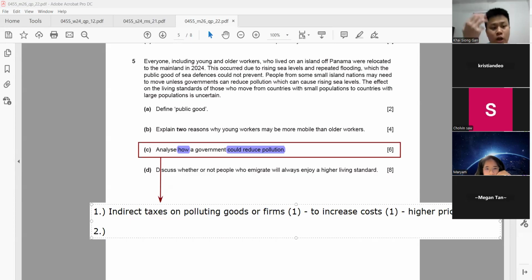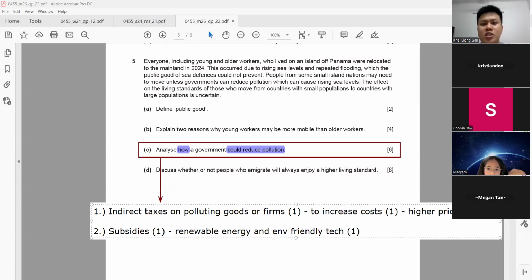Let's say now you want to talk about subsidies. What kind of things can the government subsidize to reduce pollution? You talk about subsidies, you get 1 mark. Subsidies on what? Renewable energy, green energy. Okay, renewable energy or what we call environmental friendly technology, to encourage the firms to be environmental friendly.